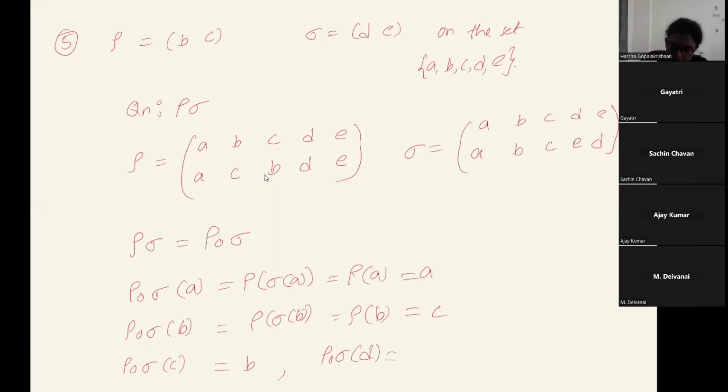Now, rho composite sigma of D. Under sigma, D is mapped to E, and under rho, E is mapped to E. This is rho of sigma of D. Sigma of D means E, and we need to apply rho to sigma of D. That is rho of E. Rho of E is E. Clear?